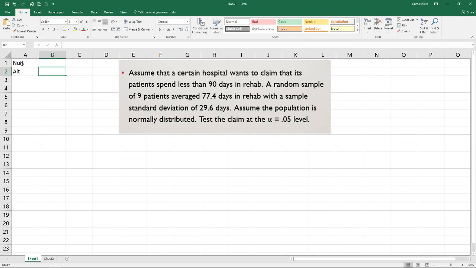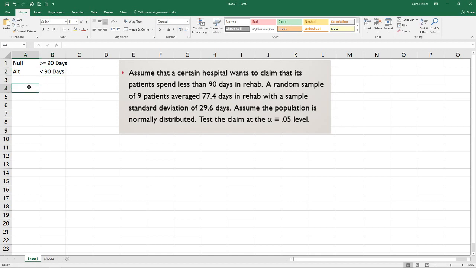Knowing that we will use the convention of always putting the equals hypothesis in our null statement, this one is a less than, so we will put that as our alternative, less than 90 days. Which means our null hypothesis will be the opposite, which is greater than or equal to 90 days.